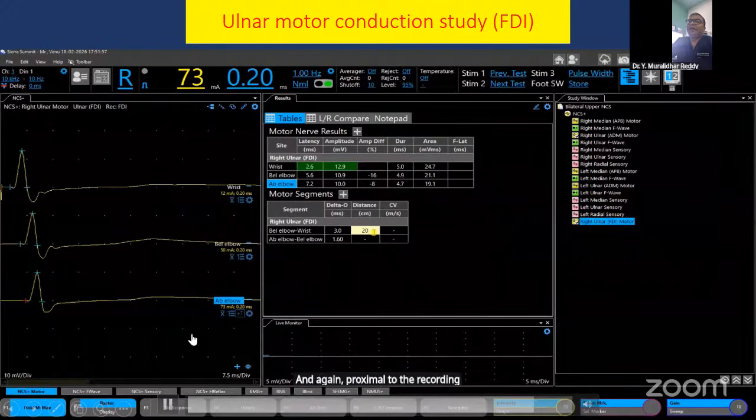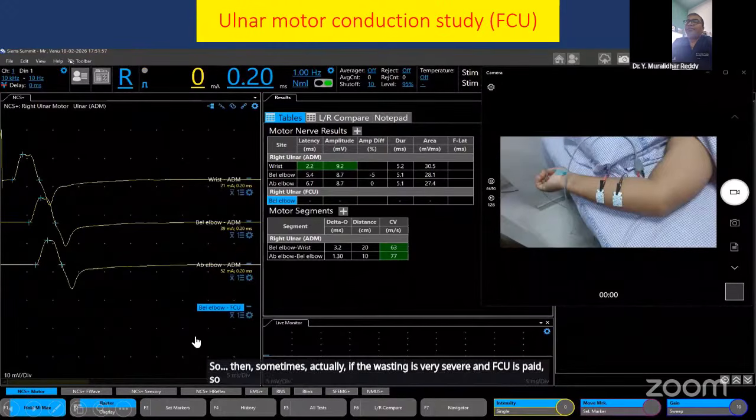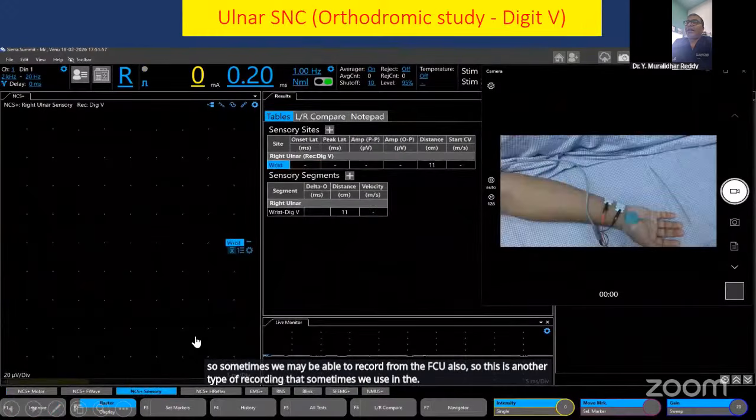So this is the way we record it. Sometimes, if the wasting is very severe and FCU is spared, we may be able to record from the FCU also. This is another type of recording that we sometimes use in our labs.